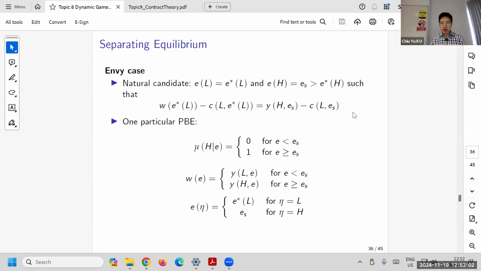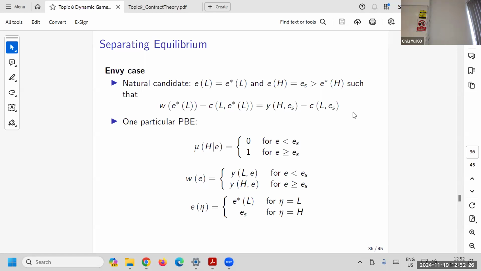Okay. So here is slightly a little bit more complicated. A natural solution when you have the NV case is to allow the low type to do what they want to do, but you don't allow the high type.